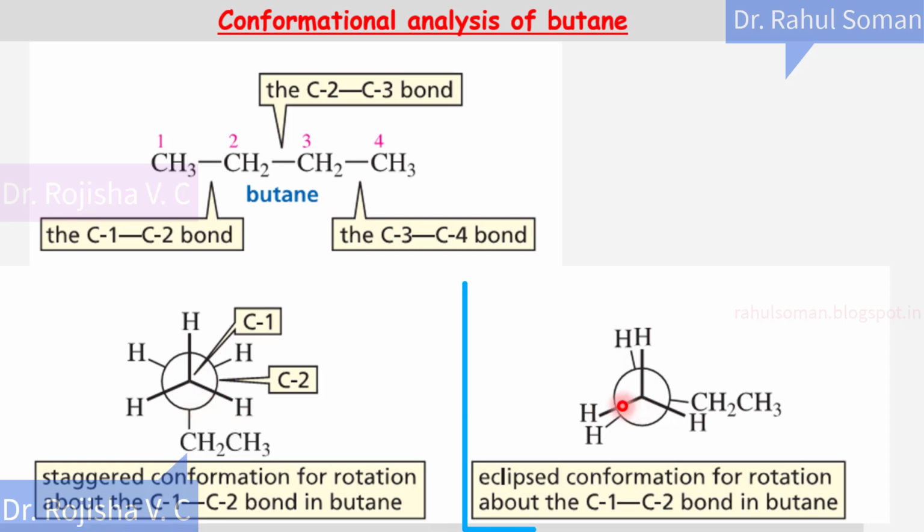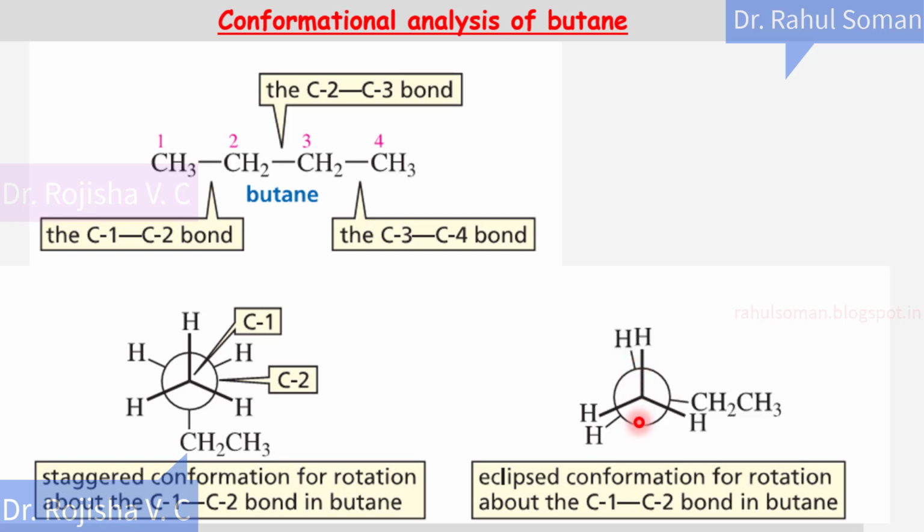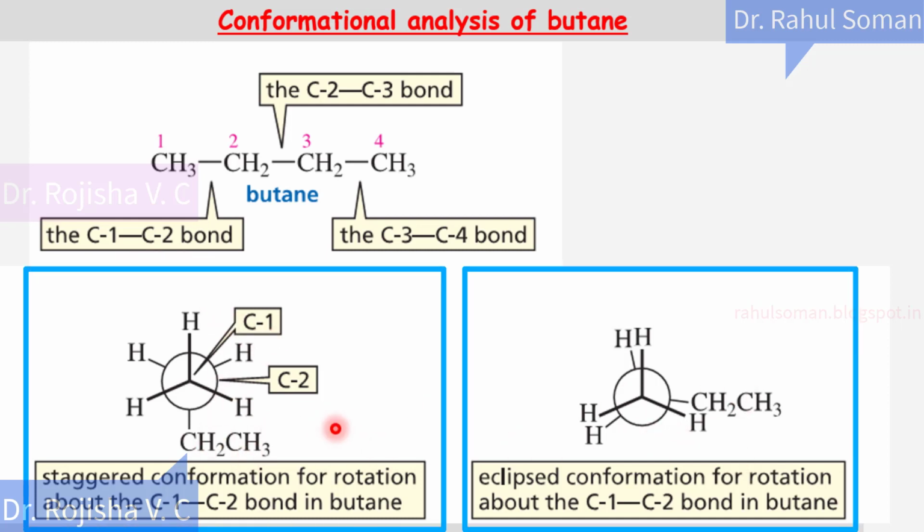This is the eclipsed conformation, where the hydrogens eclipse each other, and the ethyl group and the hydrogens also eclipse each other. When we rotate again, we get a staggered conformation, and a further 60 degree rotation brings the ethyl group to the second position. Basically, for the C1 to C2 bond, we have only these 2 conformations.